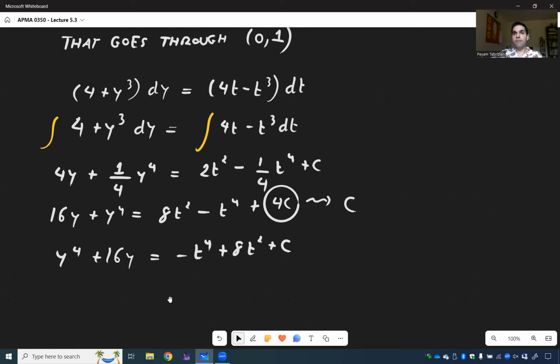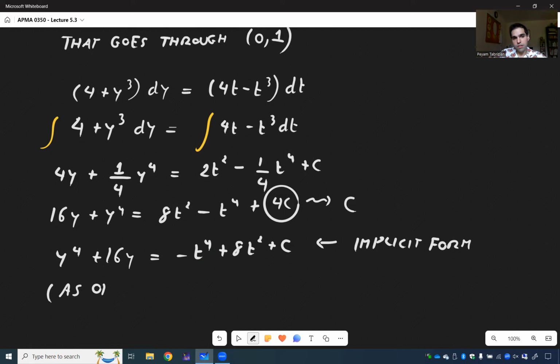So a lot of times in math, we cannot solve this in explicit form, but we just leave it like that, called an implicit form, where we have an equation with y and an equation with t, where we cannot explicitly solve this.